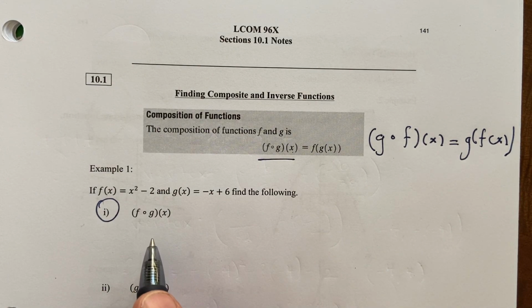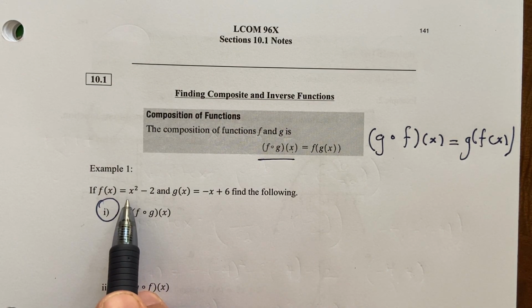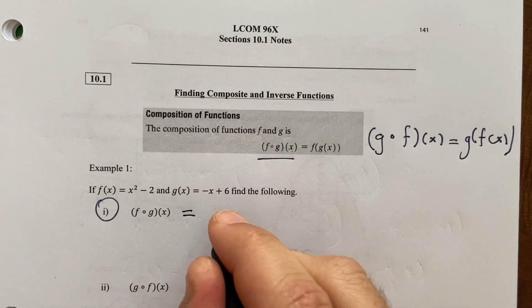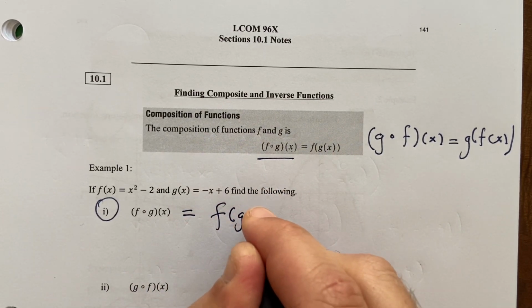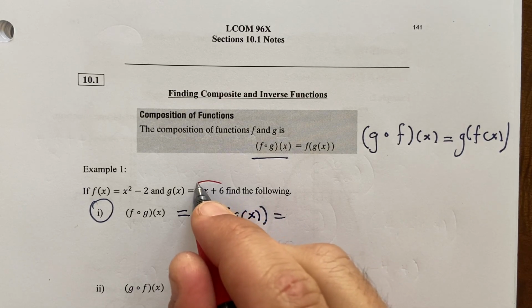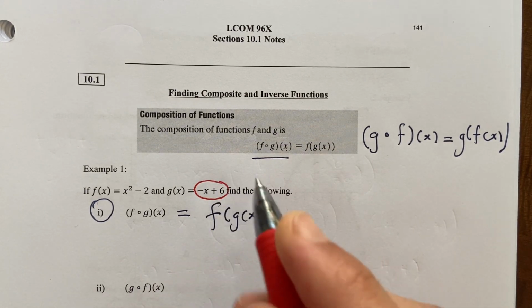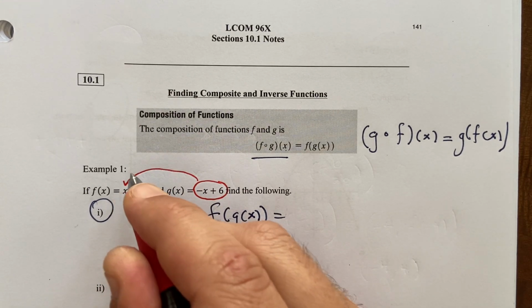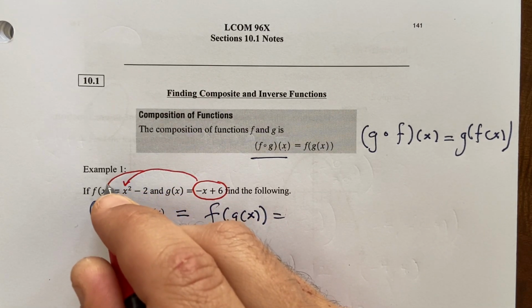So for this first one, we have functions f and g, and what I want to do is figure out this composition function f composed with g of x. So this would be equal to f of g of x. So what I'll do is I'll literally take g and use it as an input for f.